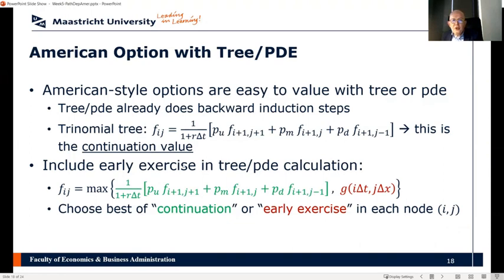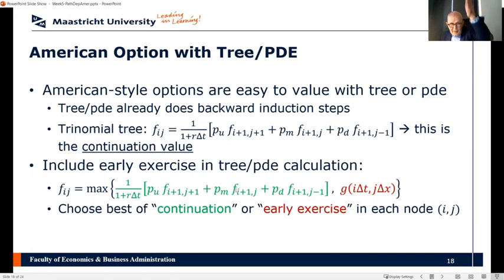If you want to include early exercise in your tree or partial differential equation or finite difference calculation, it's really easy, because you first compute the green term like you would do in a European option. You just compute the continuation value, and you only need to do one extra thing.